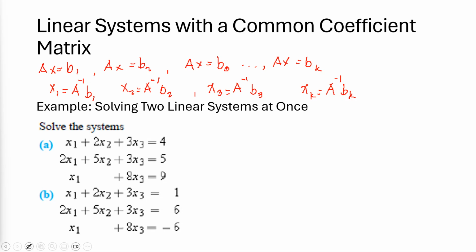An efficient way to do this is to form a partitioned matrix.